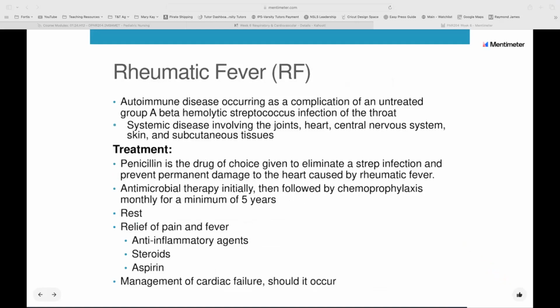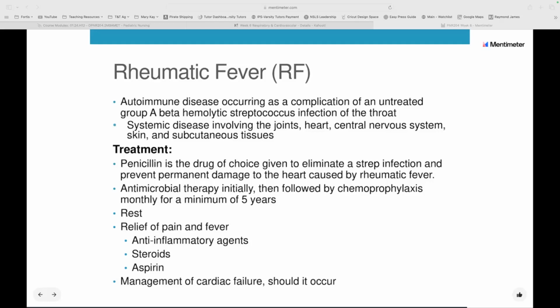Rheumatic fever is going to be an autoimmune disease, and it's a complication from an untreated group A strep infection of our throat. So untreated strep throat can lead to rheumatic fever, and this involves our joints, our heart, our central nervous system, our skin, and our subcutaneous tissues. So we can see inflammation in our heart.